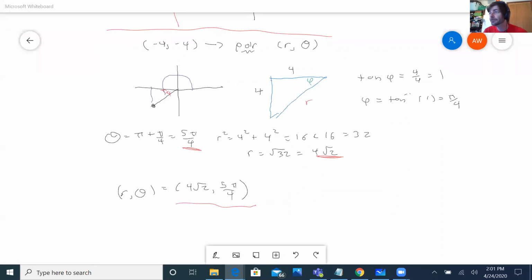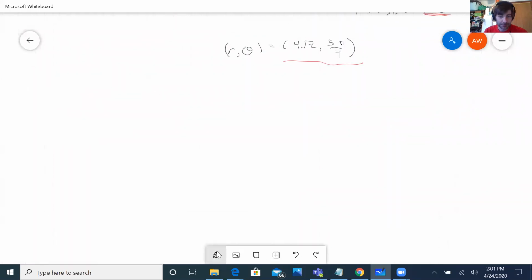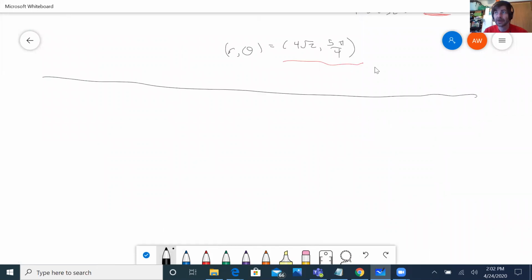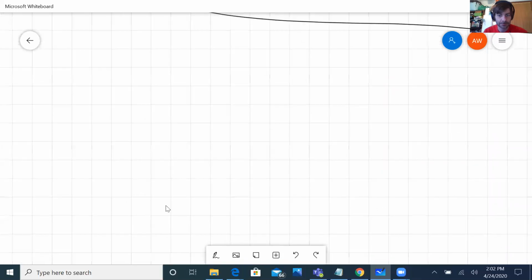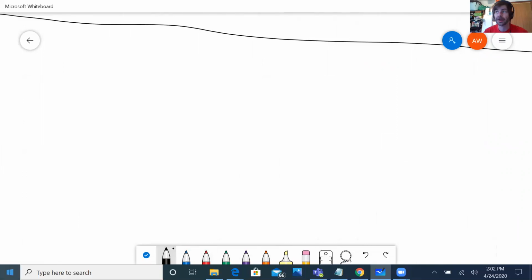Okay, so the first one is 5y squared equals 3x minus 2y, and I want to turn this into polar.